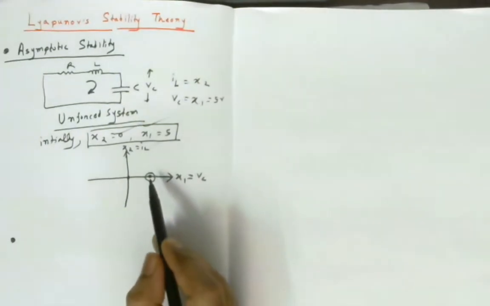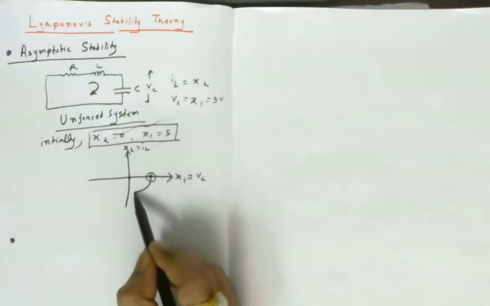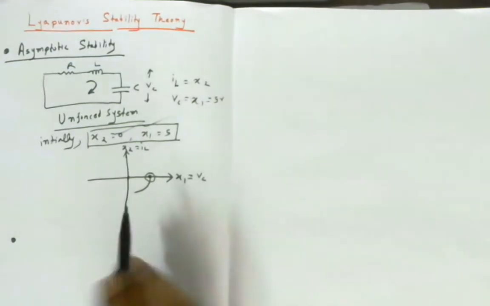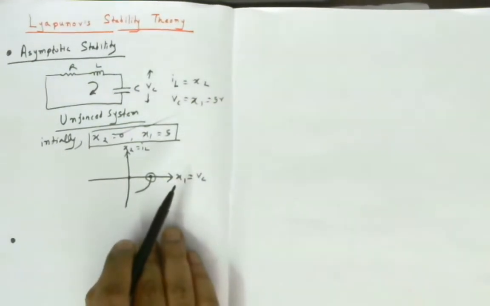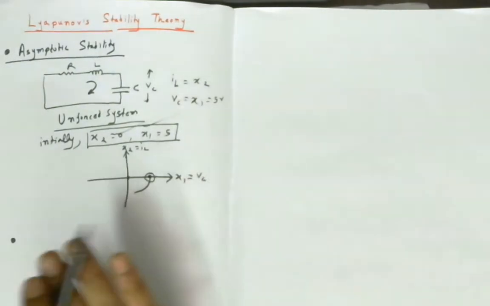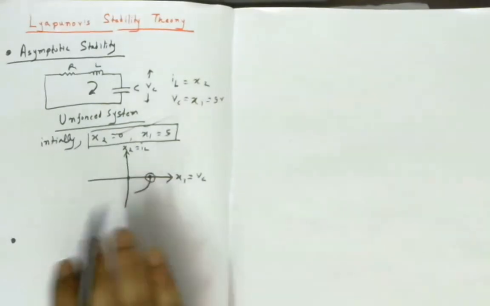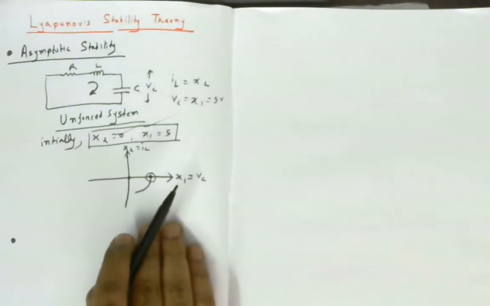Actually, what is this trajectory? Basically, this trajectory is the graphical solution of the differential equation. I elaborately explained this in my previous videos, that the phase plane trajectory is nothing but the graphical solution of the differential equation.